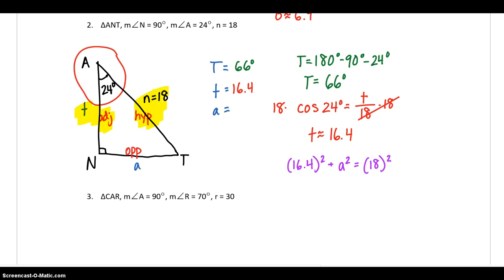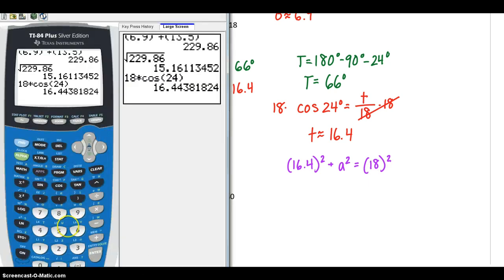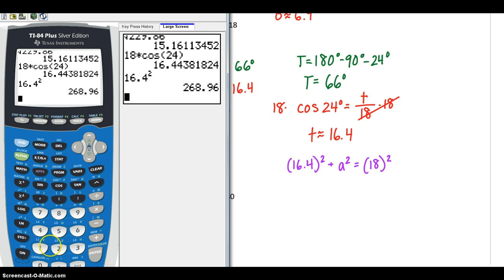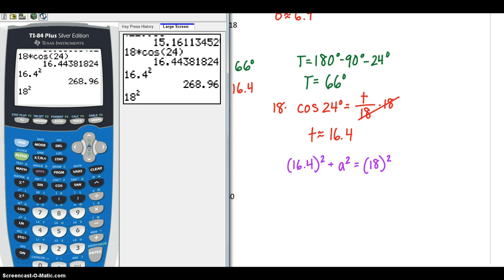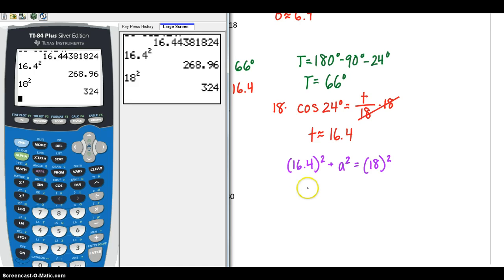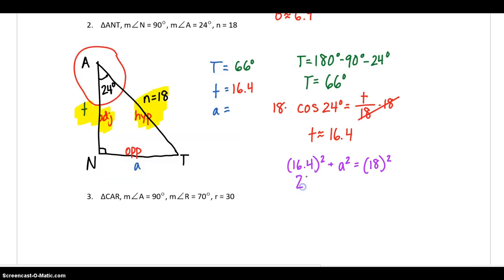We can use our calculator to help us with this, just to make it easier. 16.4 squared and 18 squared. Alright, so 268.96 plus A squared equals 324. Subtract 268.96.